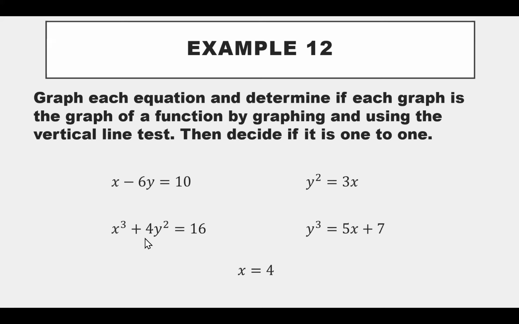X squared plus 4y squared equals 16 was not a function. Y to the third equals 5x plus 7 is a function, and it is also one-to-one. X equals 4 is not a function.